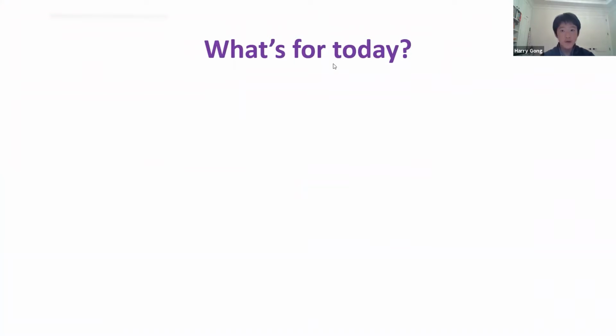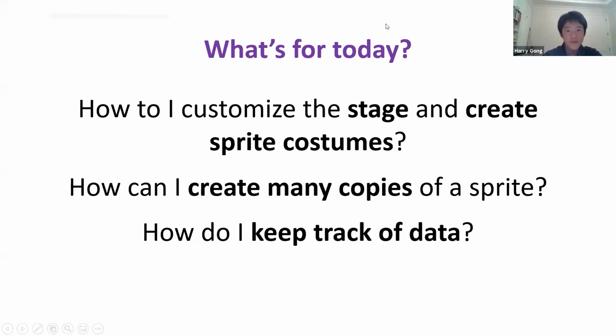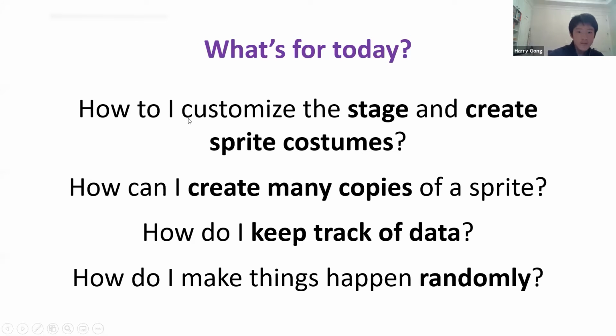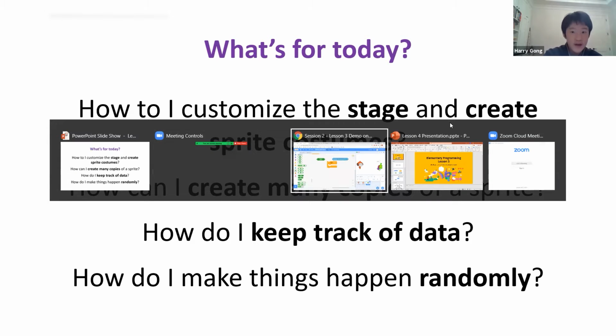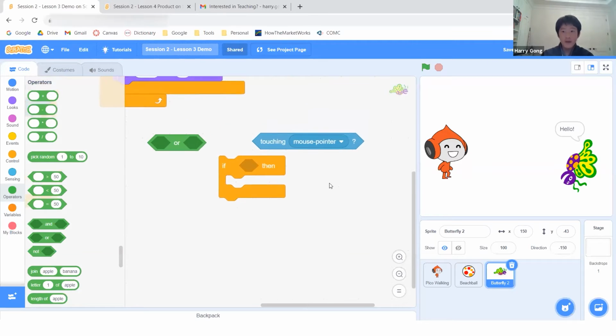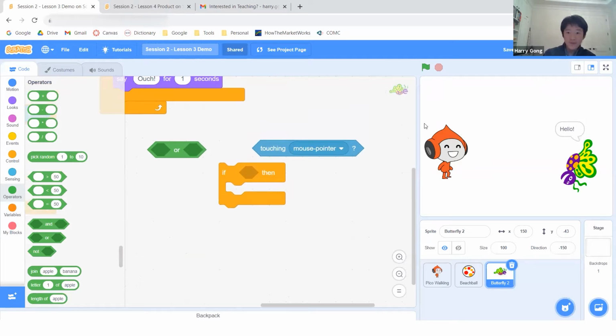So now we're going to have a look at the concepts that we're going to learn today in our final class. First, we're going to learn how to customize the stage and create costumes for the sprites. If you look at our project from last week, the stage is white.